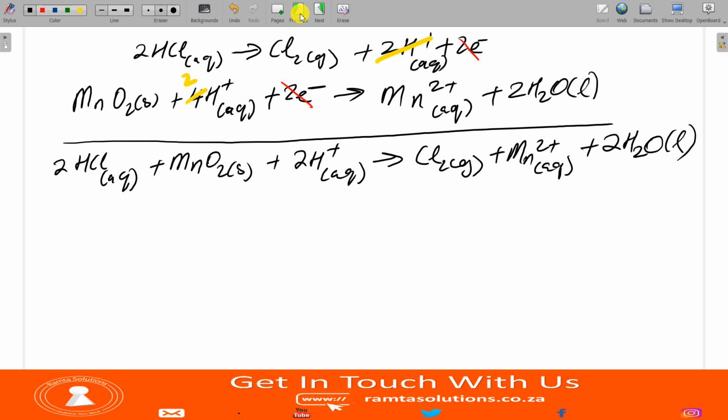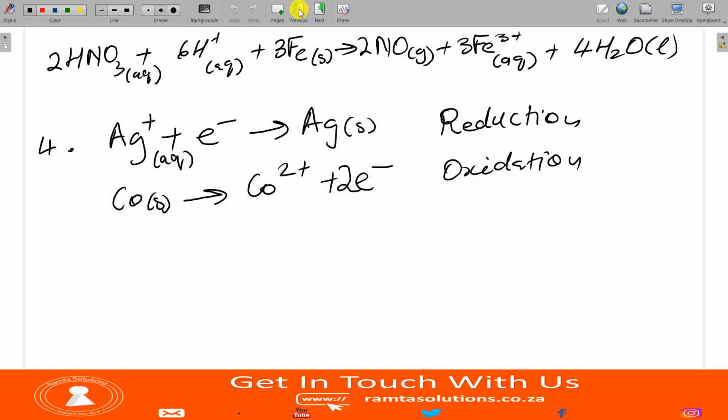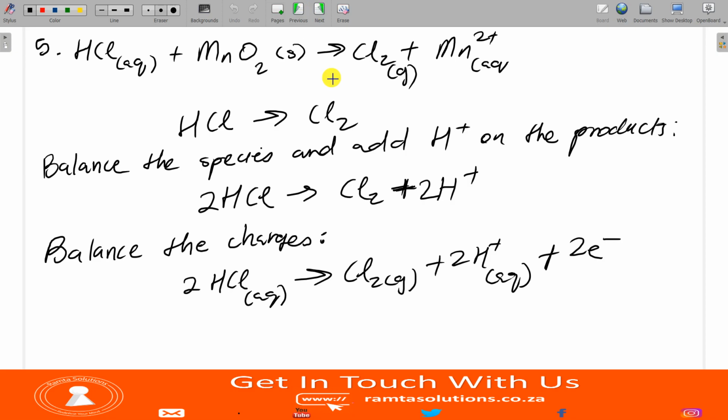Remember, we were also showing which are oxidation and which are reduction. With this one, I think I didn't specify. So with this one, we can see that electrons are on the product side. Therefore, it's oxidation.